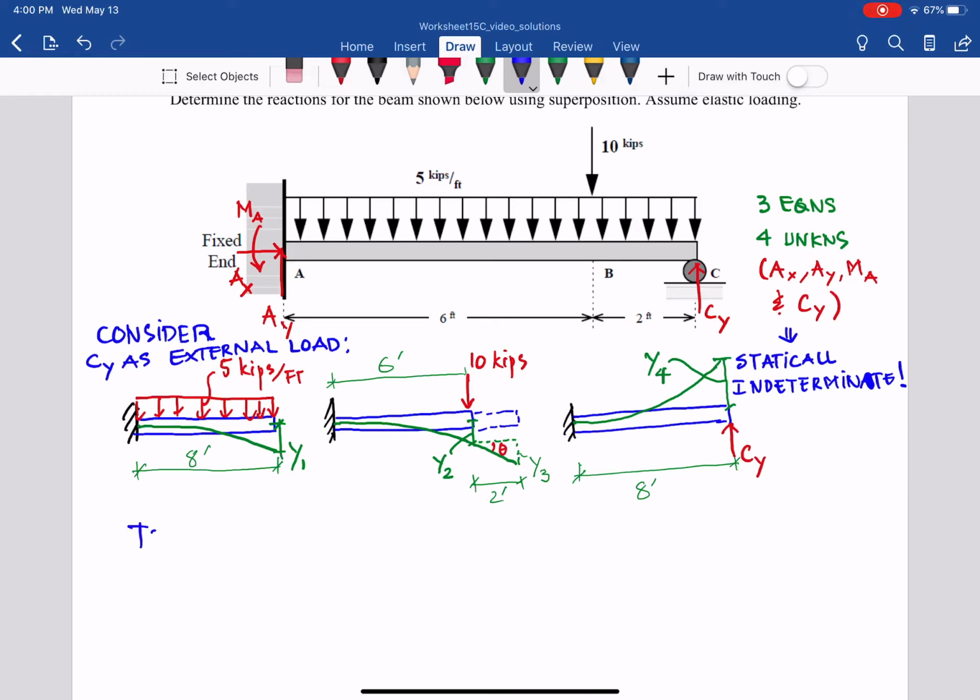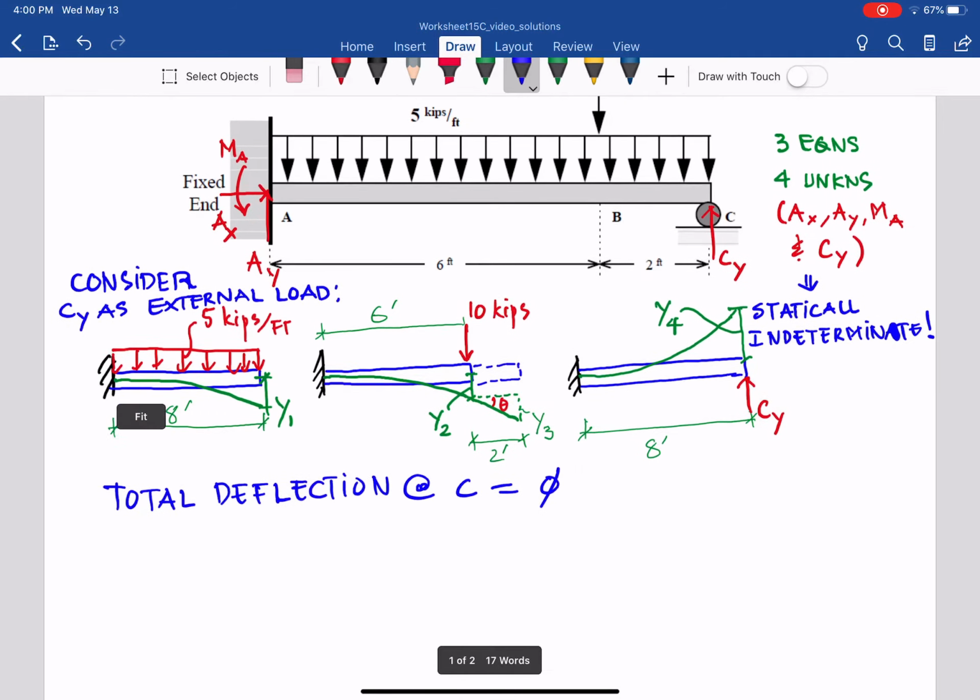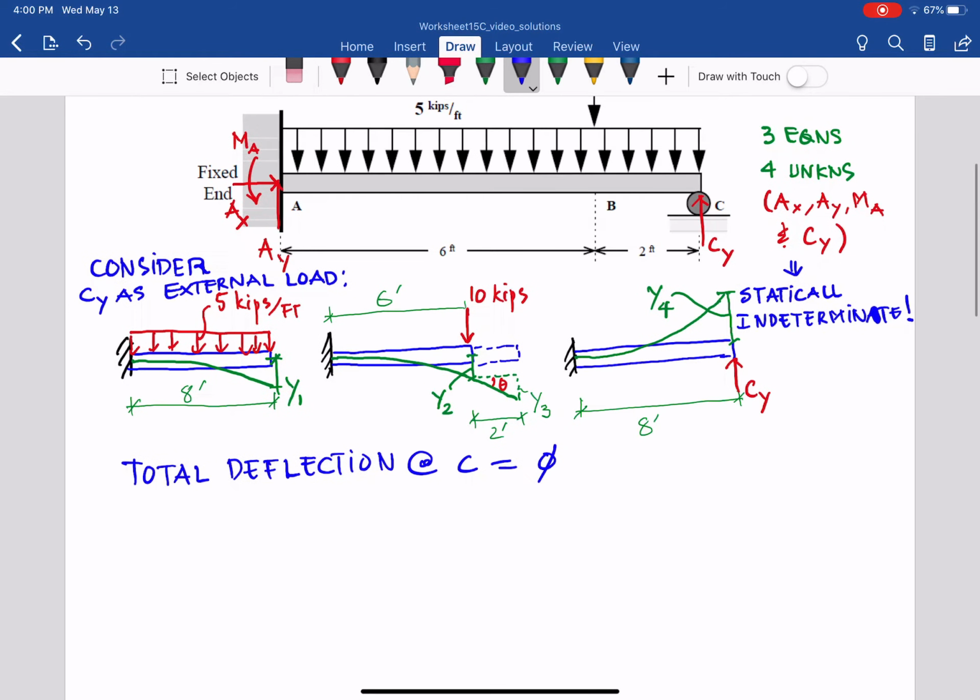The total deflection, y1 plus y2 plus y3 plus y4, has to be equal to 0.